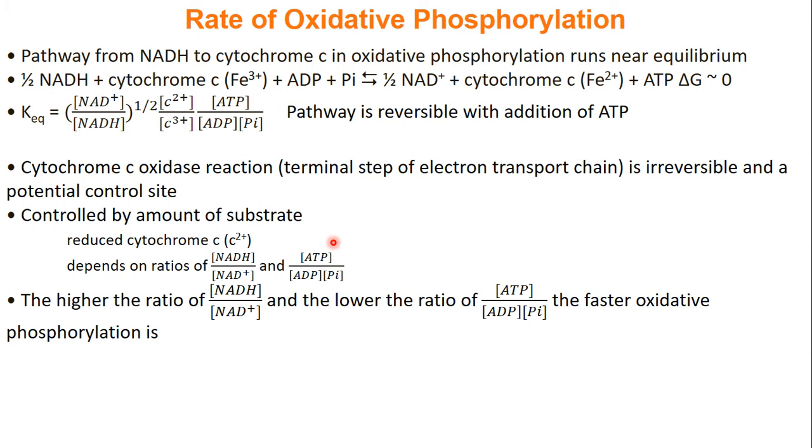What this means is that the more NADH we have and the less ATP we have, the faster oxidative phosphorylation will be, because we will have more reduced cytochrome C, which will do the last step of oxidative phosphorylation. And this actually makes a lot of sense. NADH is feeding electrons to oxidative phosphorylation, and we want to make ATP. So if we have a lot of NADH and a lot of ADP, we want to run oxidative phosphorylation to make ATP.